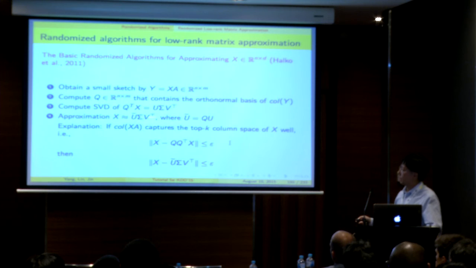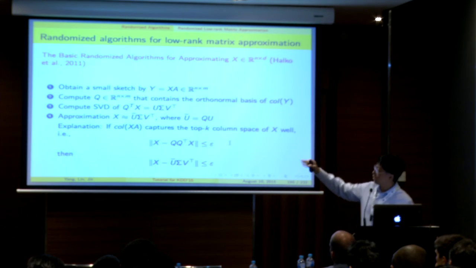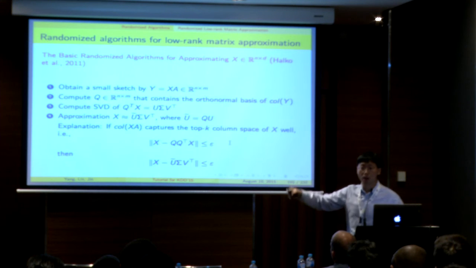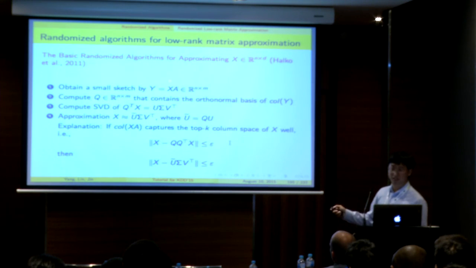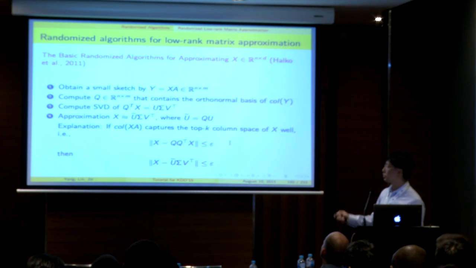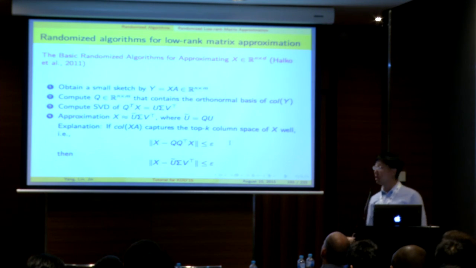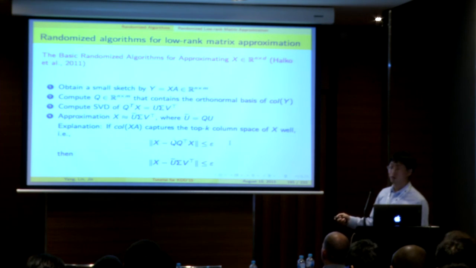So we retain the sigma, we retain the V, and for the first matrix, U tilde here, we define Q times U. And we can guarantee that this is a good approximation of the original data matrix X. The explanation here is that if the space spanned by the columns of the smaller matrix captures the top K column space of the X matrix very well, it means that if we project X matrix to the column space of the Q matrix, this difference is very small.